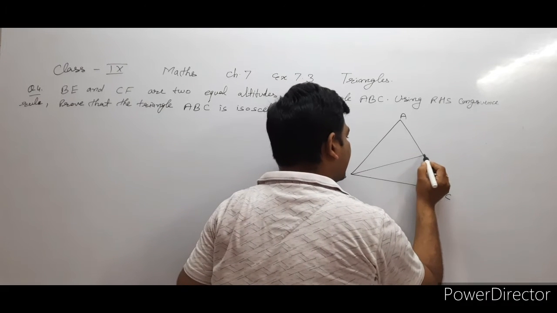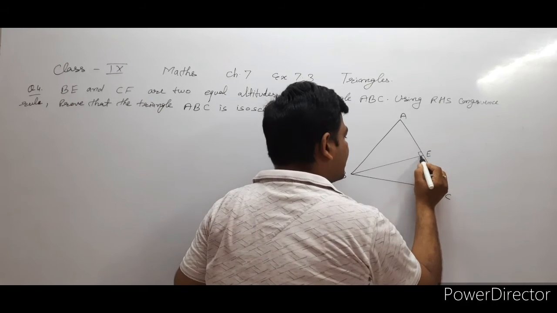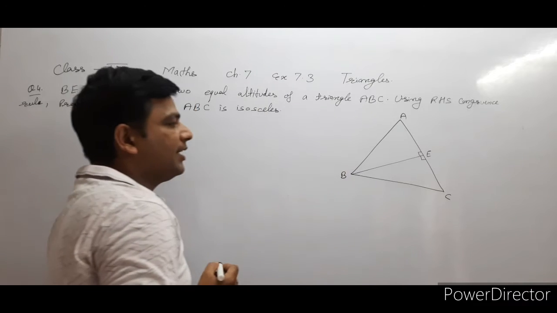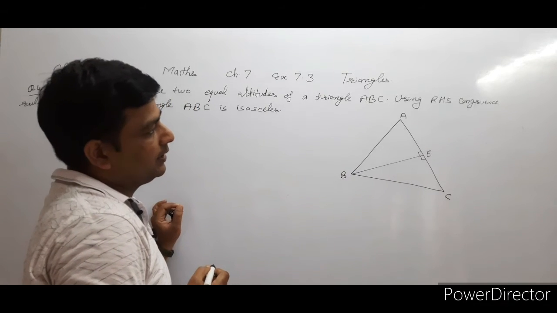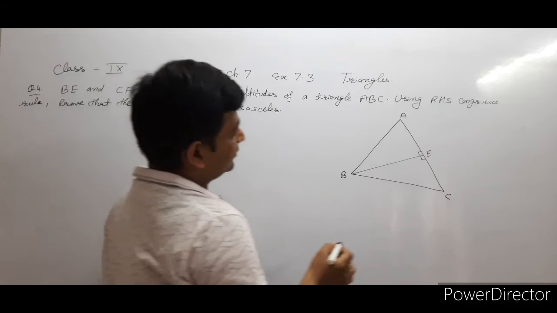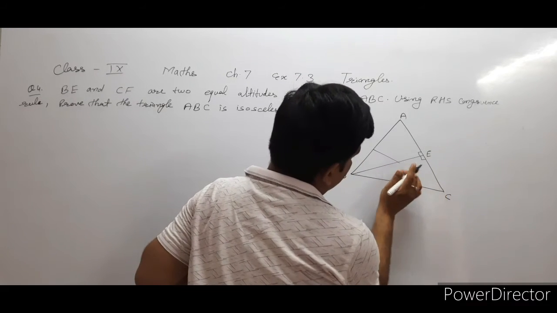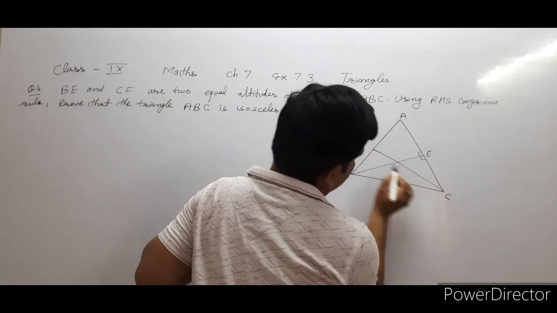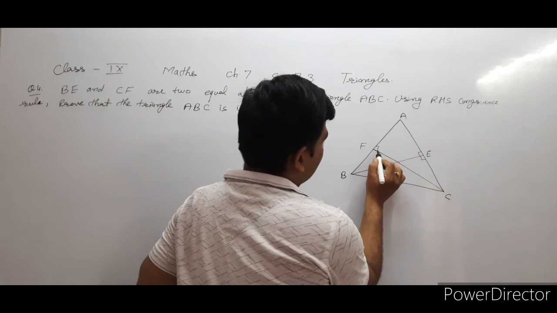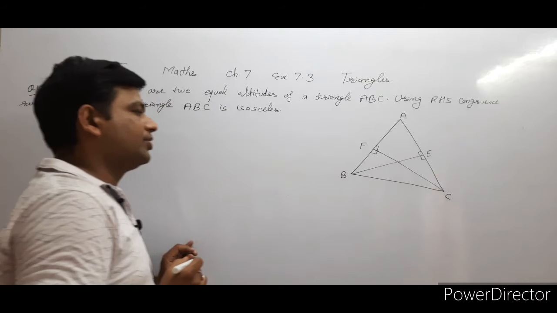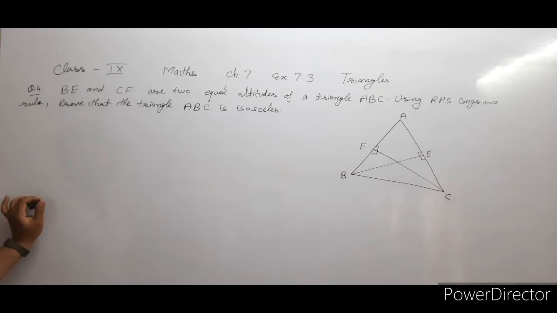BE, altitude means which makes a 90-degree angle with the opposite side. CF, these are also altitudes. BE and CF are altitudes.